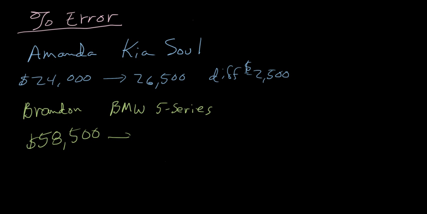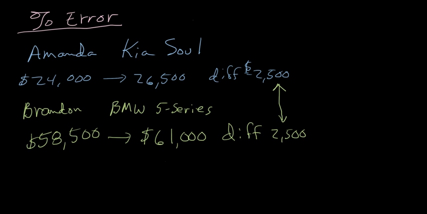And so he does his research, and he finds out the actual price of the one he wants is $61,000. Now, if you subtract these two, the difference is $2,500. Now, Brandon and Amanda get together and say, okay, this number is the same, so we both made the exact same mistake, right?